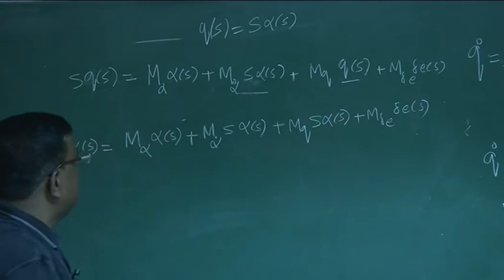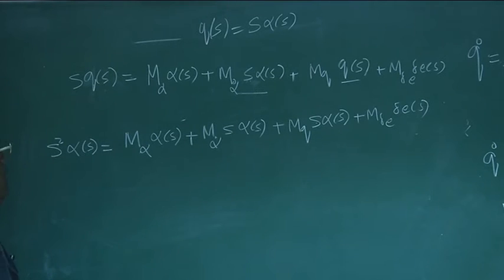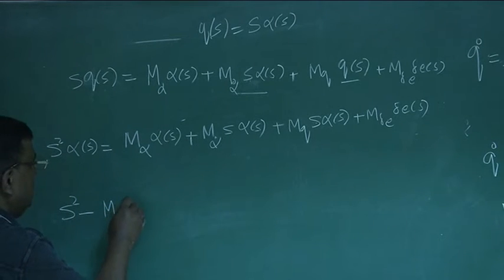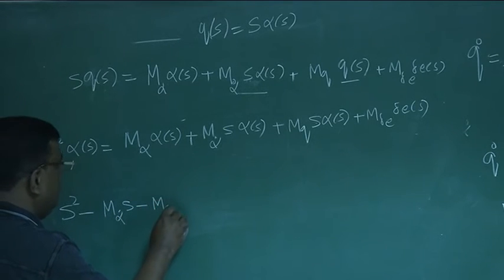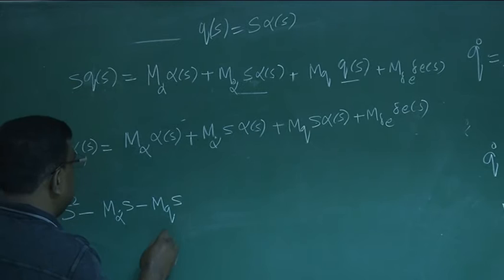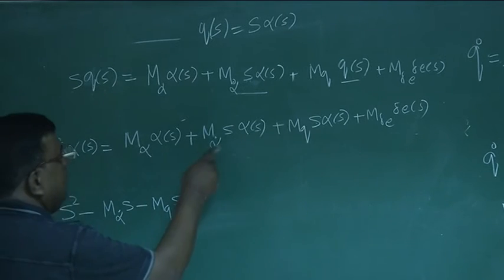That is the expansion. Now if I do one trick, I take these terms to the left hand side, then I get S square minus M alpha dot S minus M Q S minus M alpha.